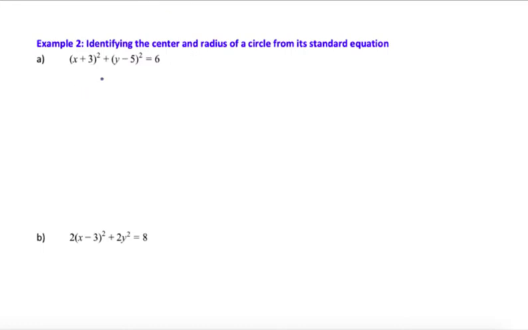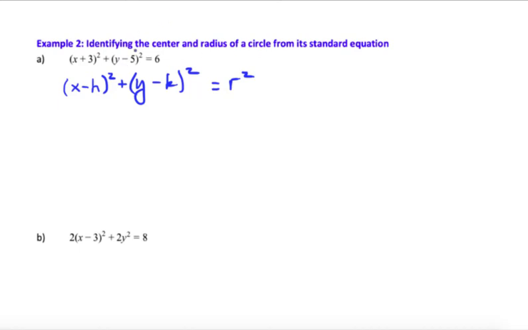And so first I'm going to compare this to our standard form. So (x minus h) squared plus (y minus k) squared equals r squared. And so now we just need to see what these pieces are.